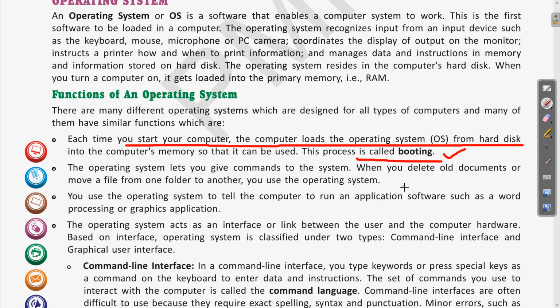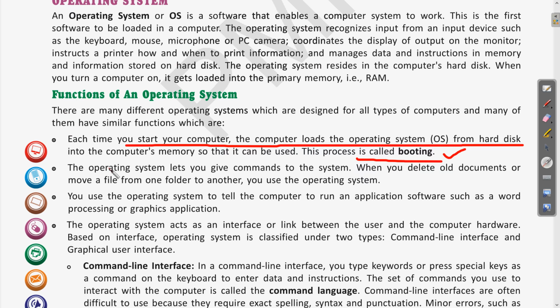So when an already running program is restarted, it is called warm booting. And when you turn on the computer which was shut down earlier, so for the first time it is opening, then it is called cold booting. Clear? So this is the concept of booting.